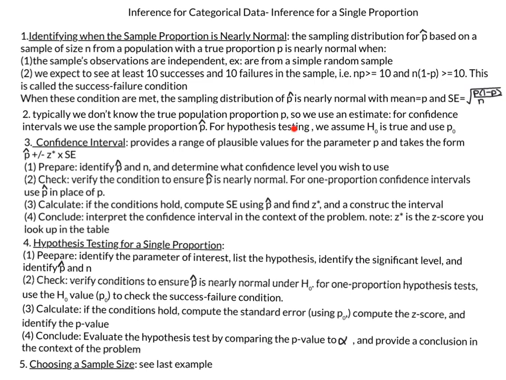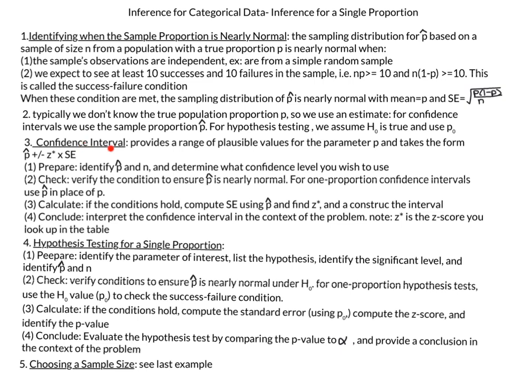For hypothesis testing, we assume H naught is true, so we use p naught as our estimate for p. This is important for you to know because you'll be plugging it into formulas such as standard error. Again, you don't know p, so for a confidence interval, you're going to use p hat, and for hypothesis testing, you're going to use p naught.